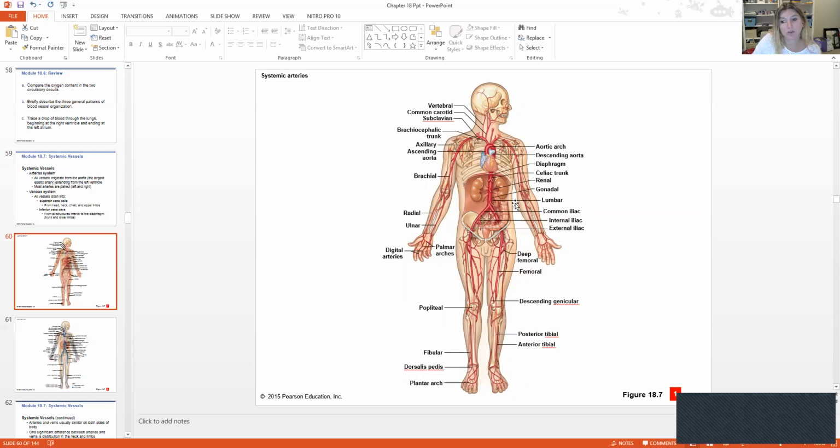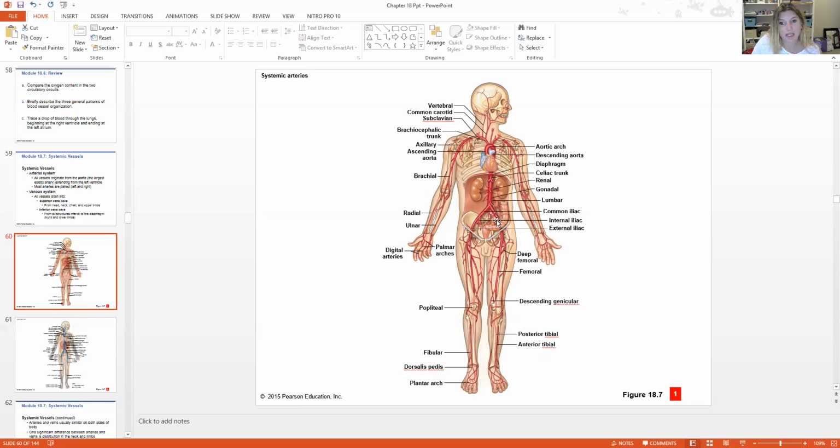If we follow, for instance, our descending aorta, it branches at, again, about belly button height into our common iliac. So you have a right and left common iliac. Everything is symmetrical in terms of vessels, few exceptions to that. So you have your right or left common iliac artery. Pick one to follow. So we'll follow the left.